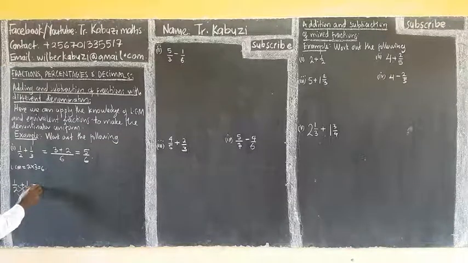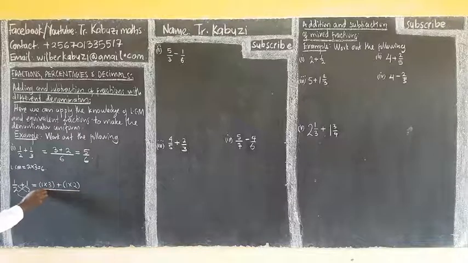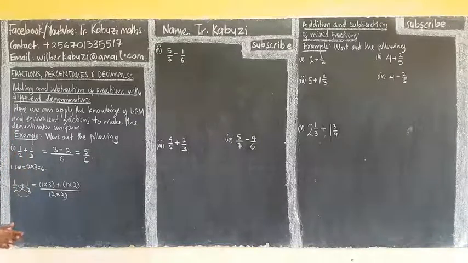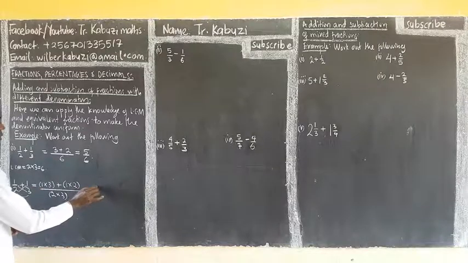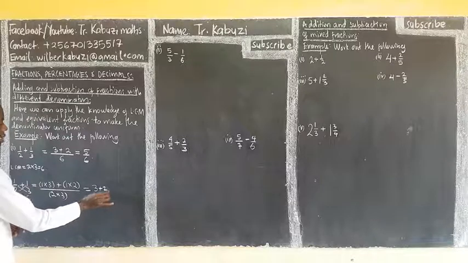So you get 3 times 1, then plus this one times 2, the whole over 2 times 3. This one is easier because in some cases you may not find the common LCM with ease. So this gives you 3 plus 2, the whole over 6.